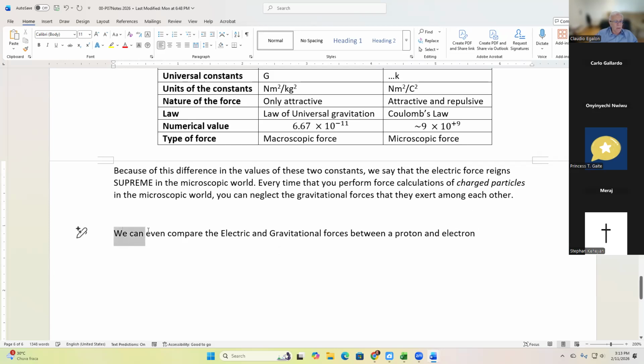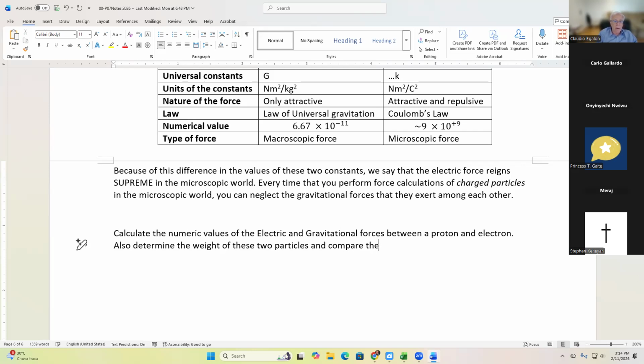Calculate the numeric values of the electric and gravitational forces between a proton and electron. Also, determine the weight of these two particles, and compare their weight, which is another way of calculating the gravitational force, right? The gravitational force due to the Earth applied to these particles.